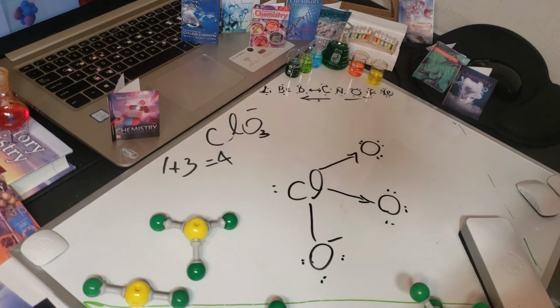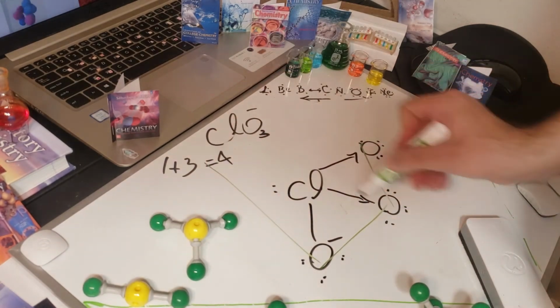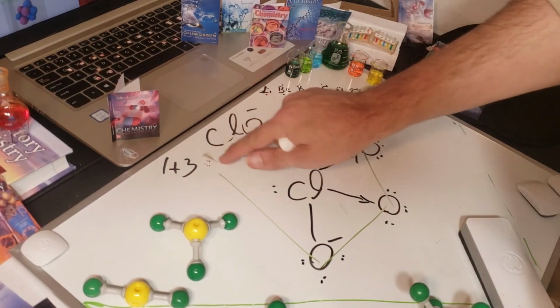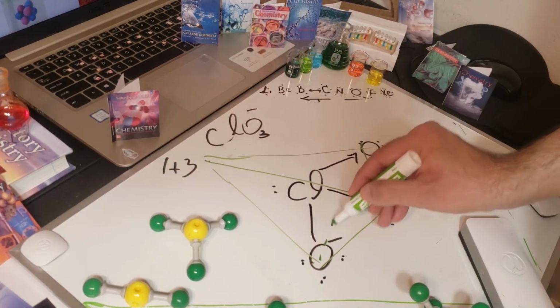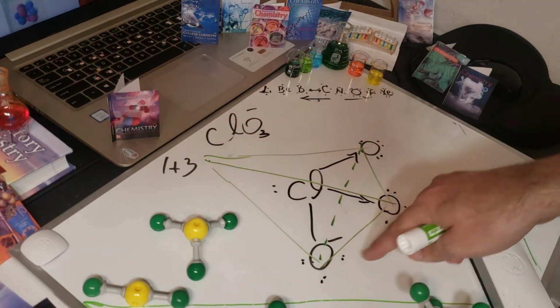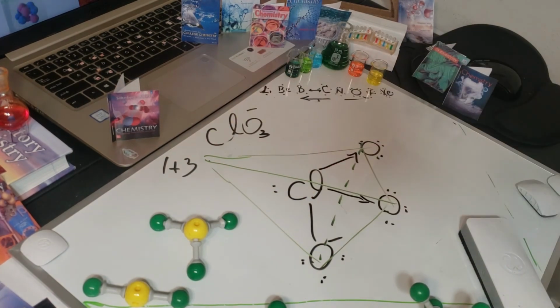I could do the framework over here one more time real quick. And you could see you have three oxygens and one lone pair that sticks to the central atom.